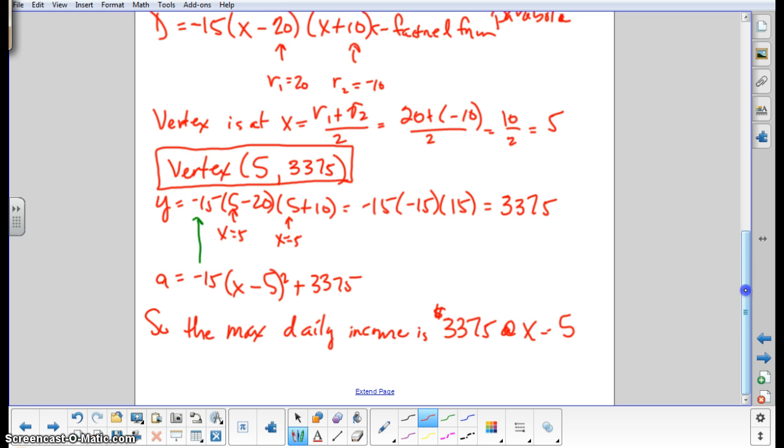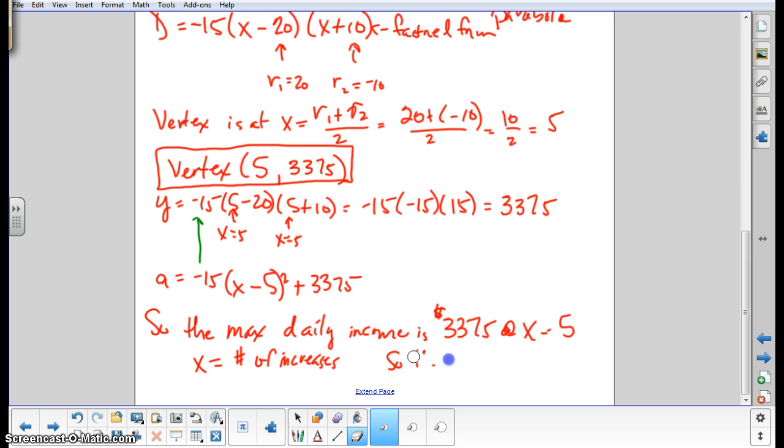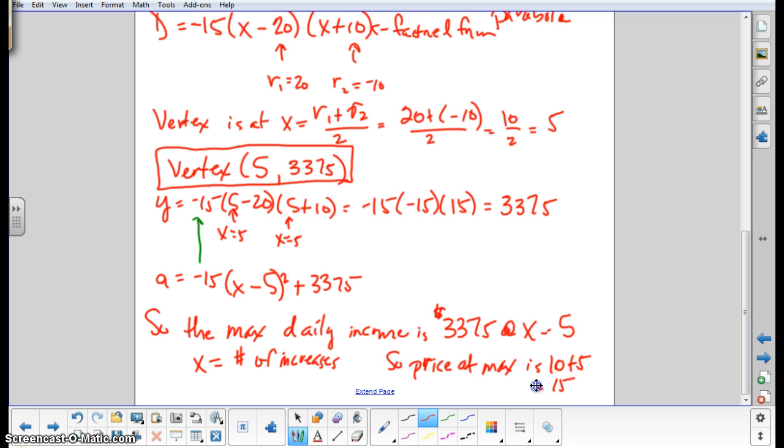And since x is the number of increases, so the new, the maximum, so the price at the maximum is 10 plus 5, which is $15.